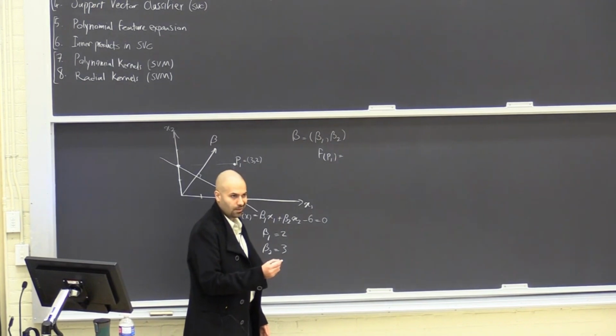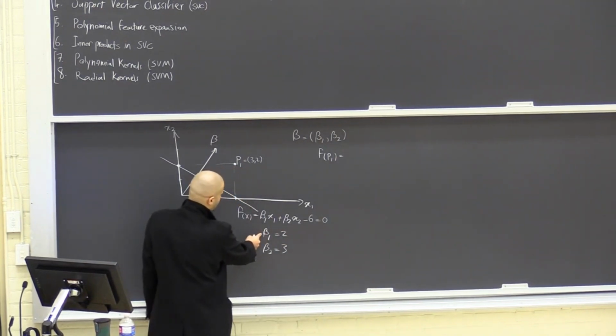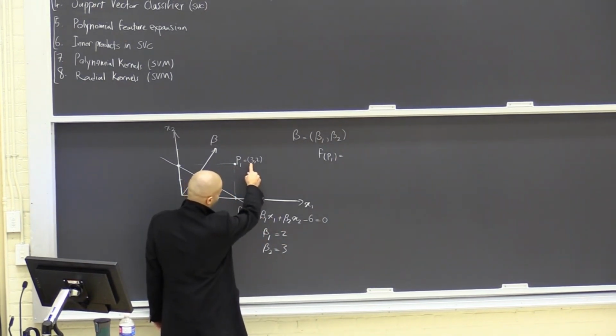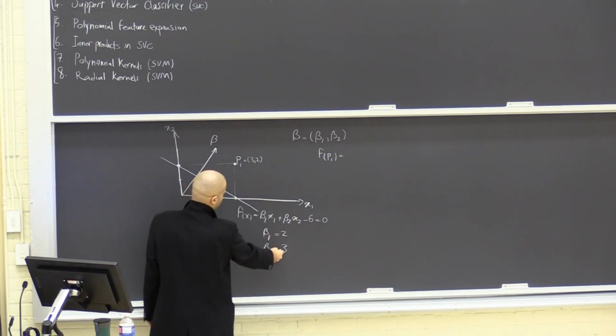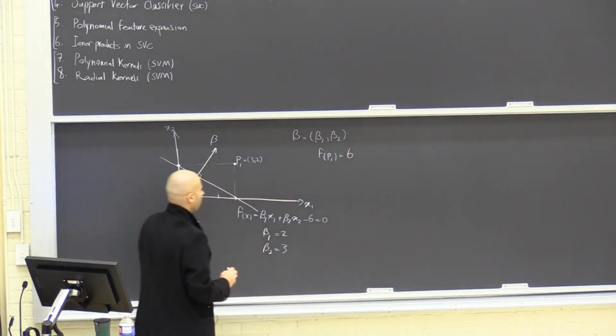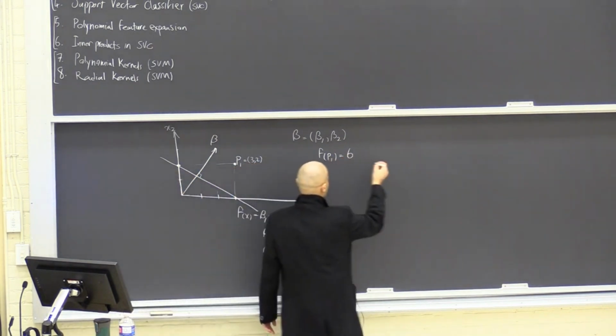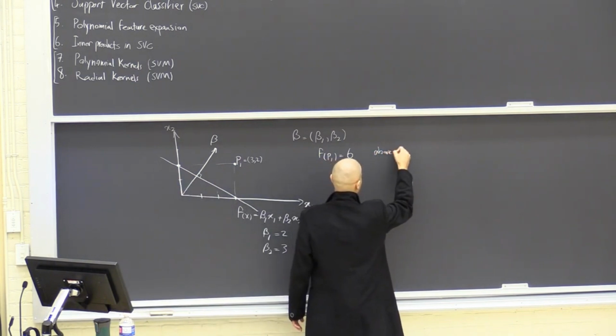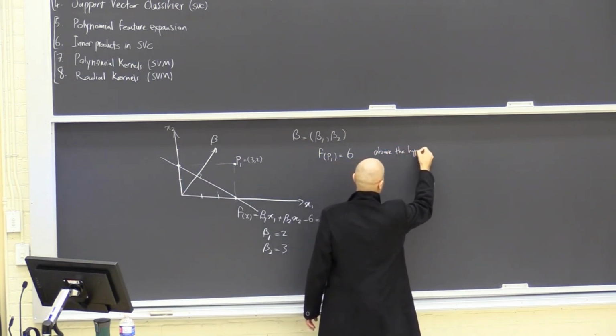Is it clear? Yeah? So beta 1 is 2, here x1 is 3, so their product is 6, and then this one is 3, this one is 2, another 6, minus 6. And we see that this point is above the hyperplane.